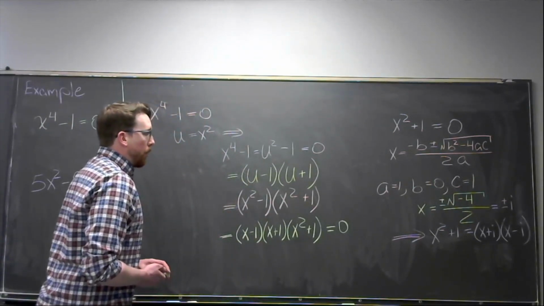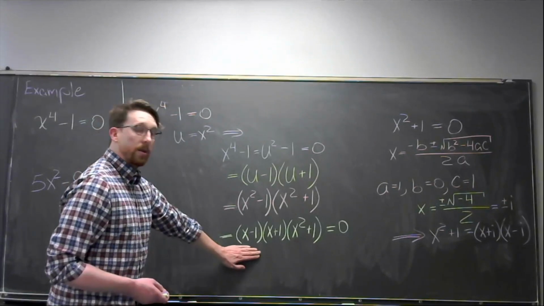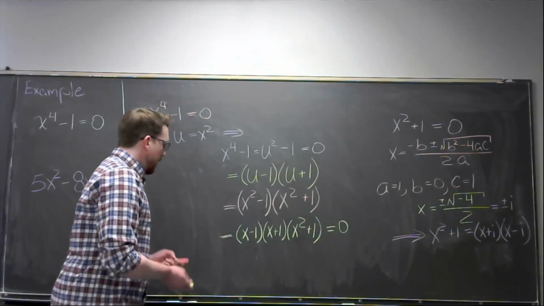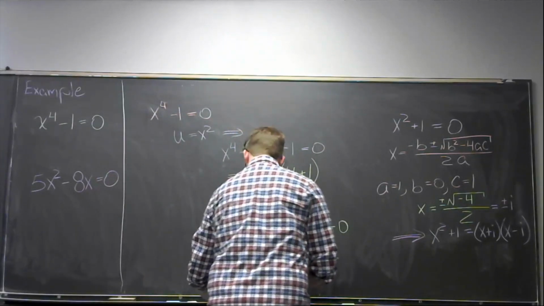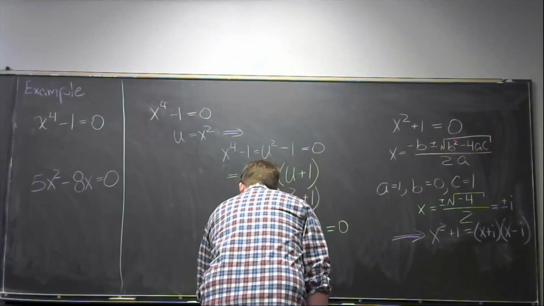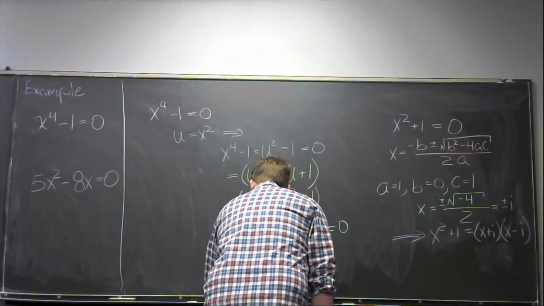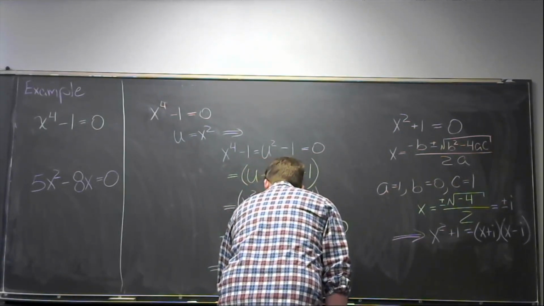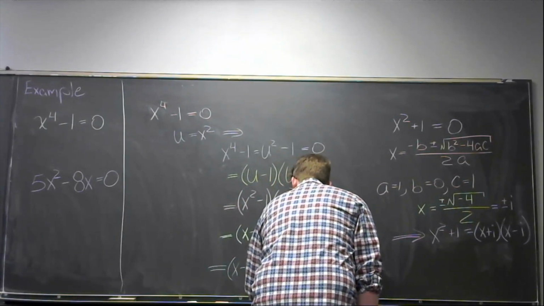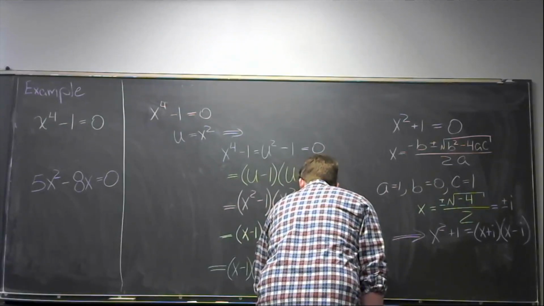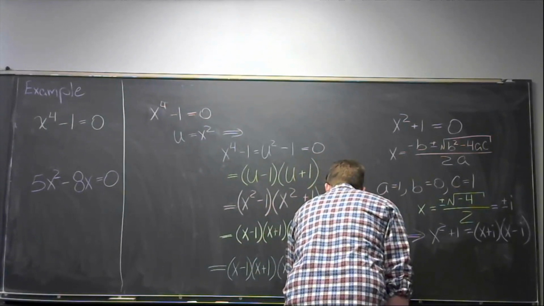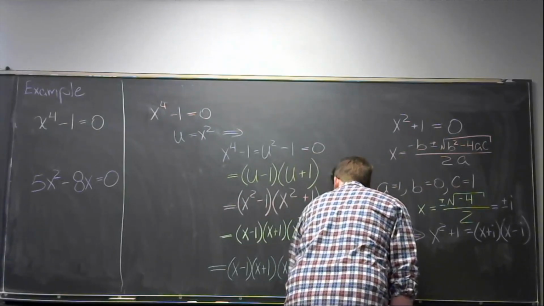But for right now, this means that we can now rewrite all of this as x minus 1 times x plus 1 times x minus i times x plus i, all equal to 0.